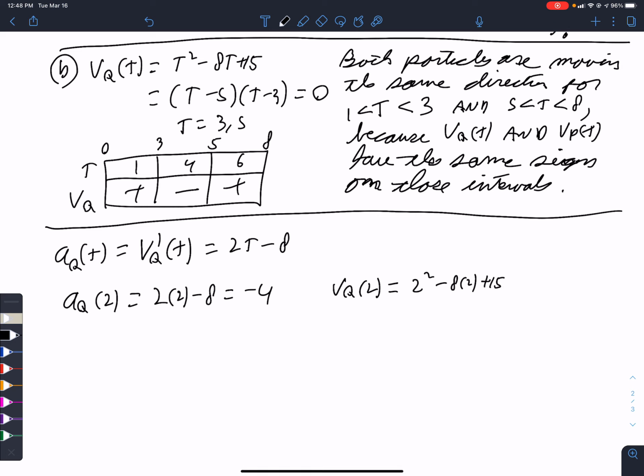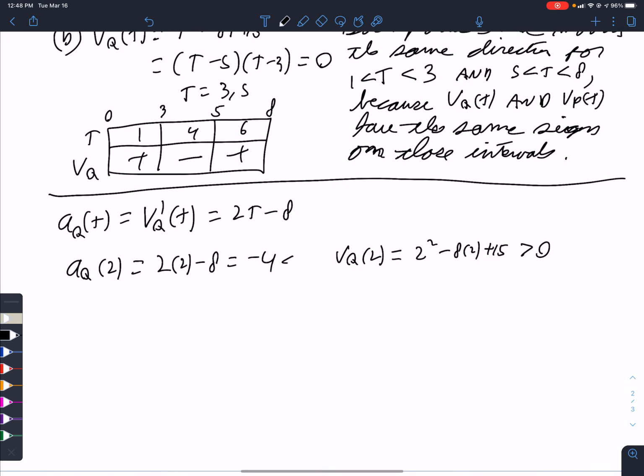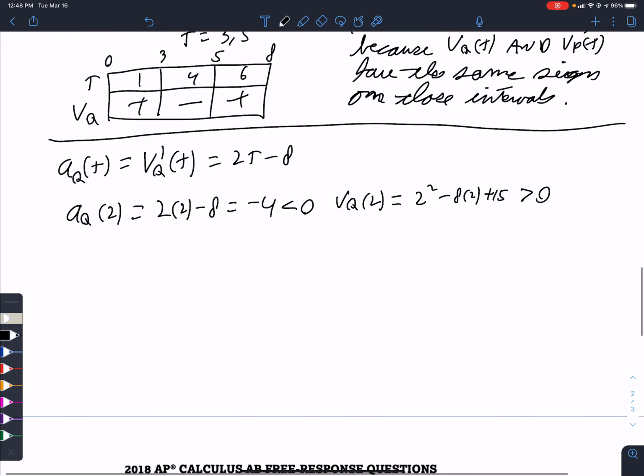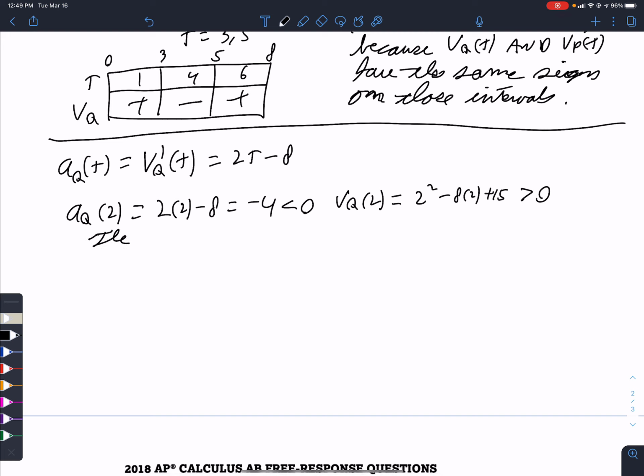But that's going to be positive. So I found the velocity, and that is positive. I found the acceleration, that is negative. So therefore, the speed will be decreasing, right? So I make that statement.